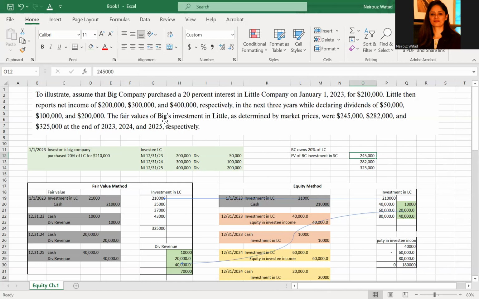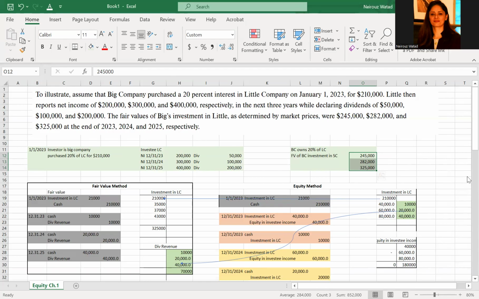The fair value of BIG's investment in Little Company as determined by market prices is... All right? So that's important to know that this is not the fair market value of LC stock, but the fair market value of Big Company's share in LC. Maybe it's better to say investor and investee.